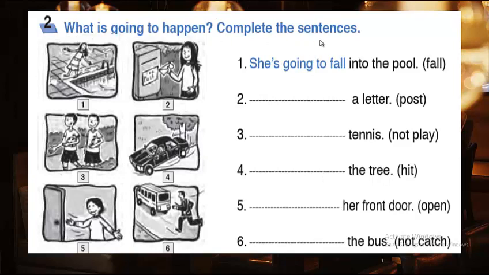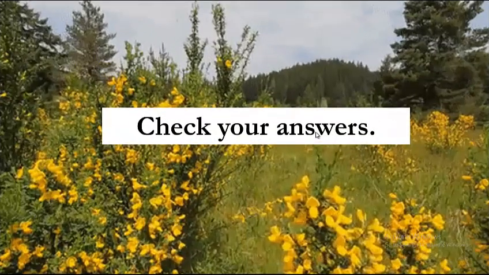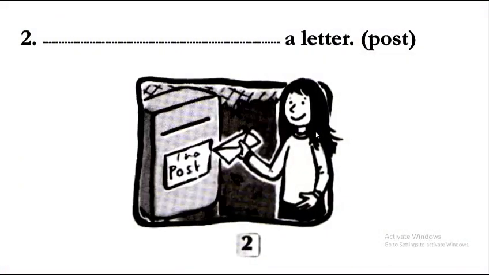Try to complete the sentences using going to and the verb between the brackets here. In sentence number 2, post. Number 3, not play. Number 4, hit. Number 5, open. Number 6, not catch. Now look at each picture and try to form a sentence using going to.